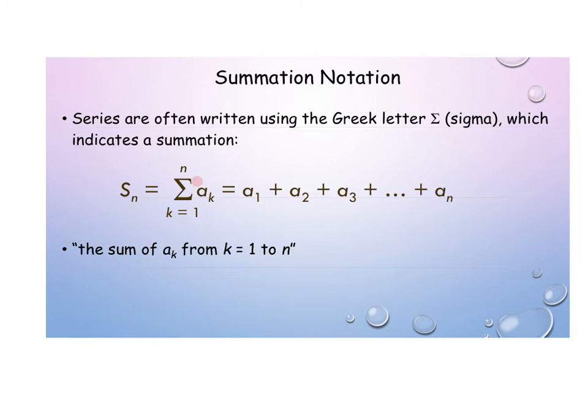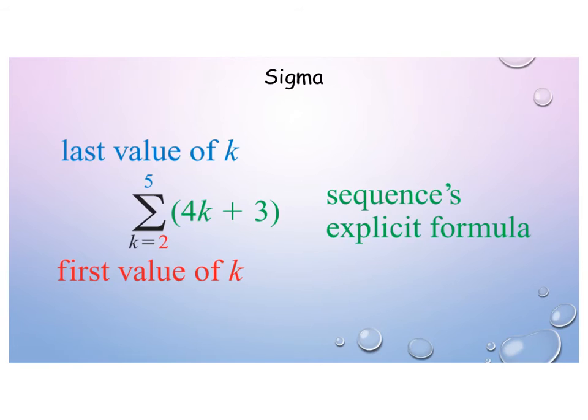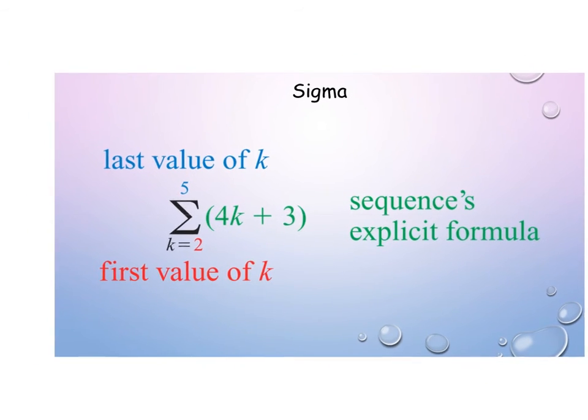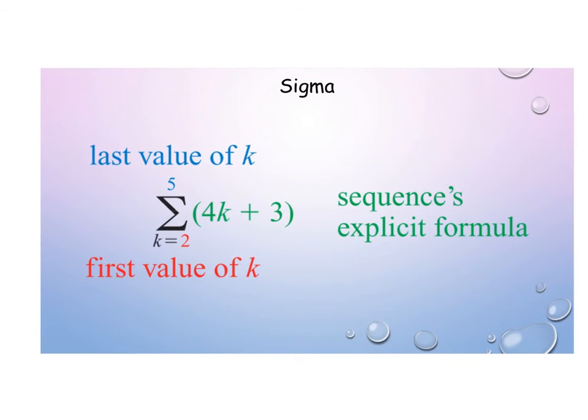the sum of A sub k from 1 to n, where n is some number. Okay, and it's written out in this form. So let's look at this. This is how this breaks out.